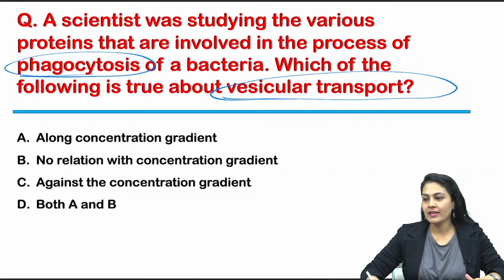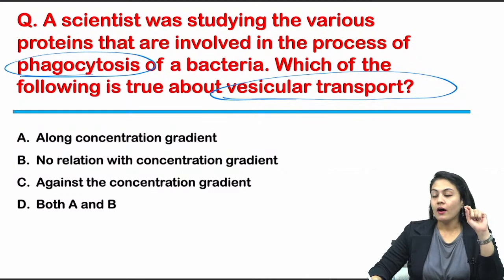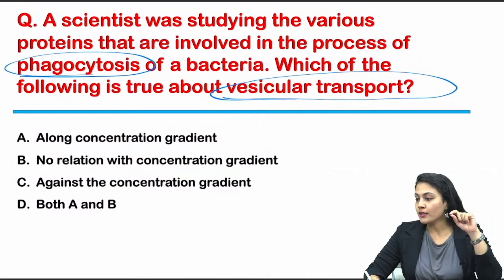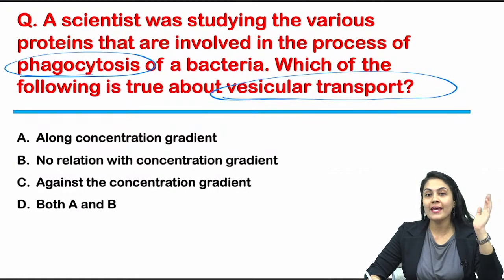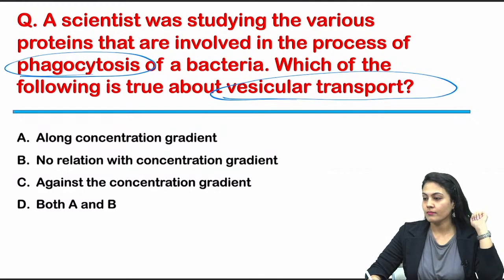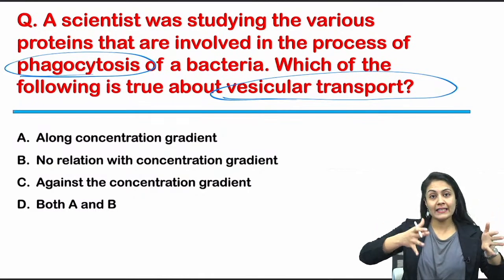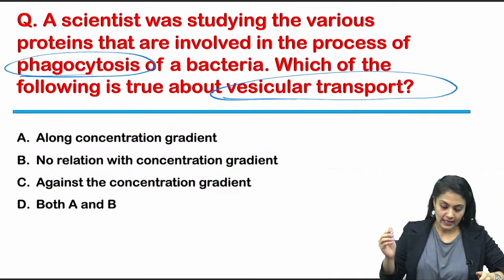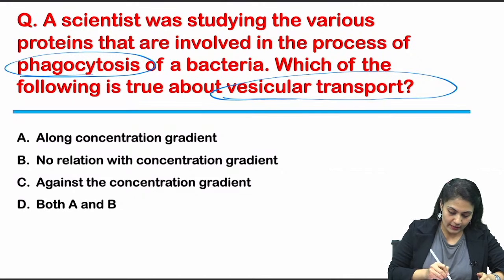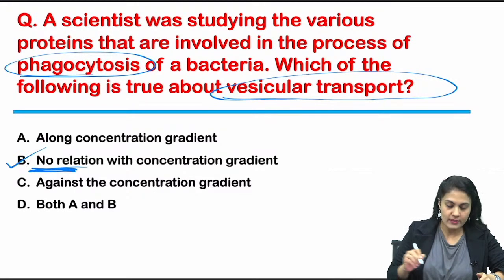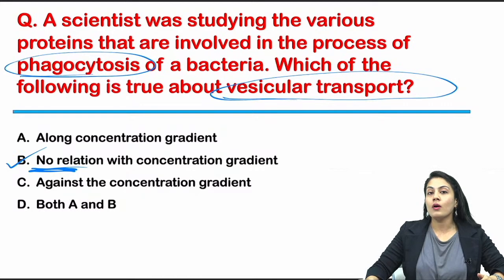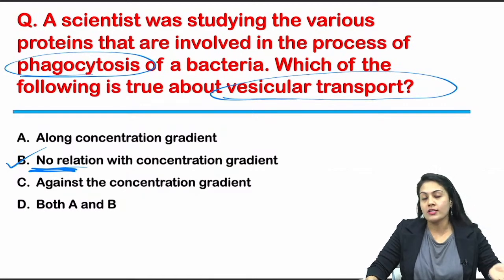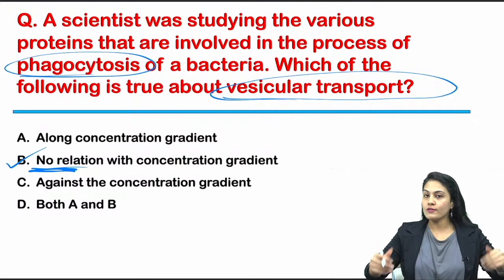Vesicular transport, is it dependent on concentration gradient or not? If yes, then along or against? Please remember, vesicular transport, we divide that separately. So that means it is not dependent. It has no correlation with the concentration gradient. If we talk about, let's say, neurotransmitter release, from high to low concentration it will go.